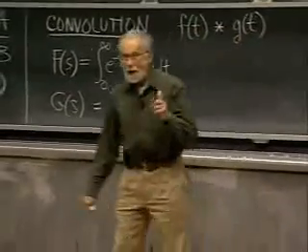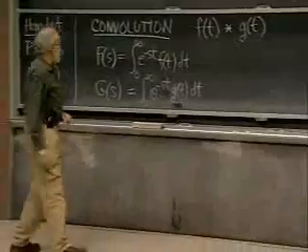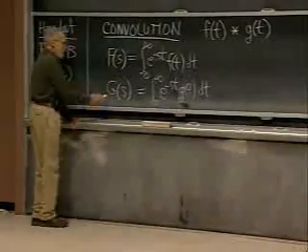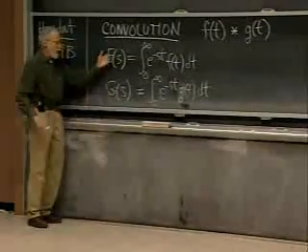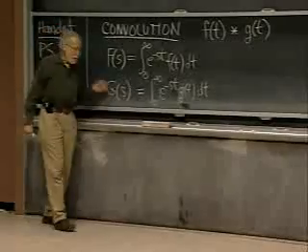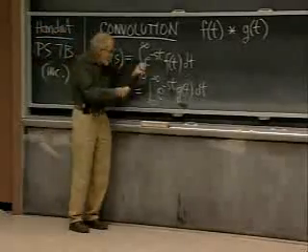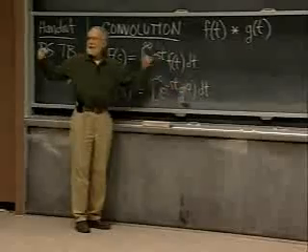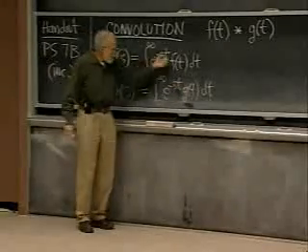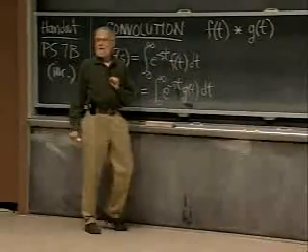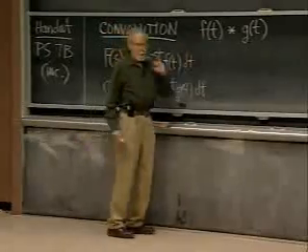Well, we will not give up entirely. Suppose we ask the other question. Suppose instead I multiply the Laplace transforms. Could that be the transform of something I cook up out of f of t and g of t? And that's what the convolution is for.